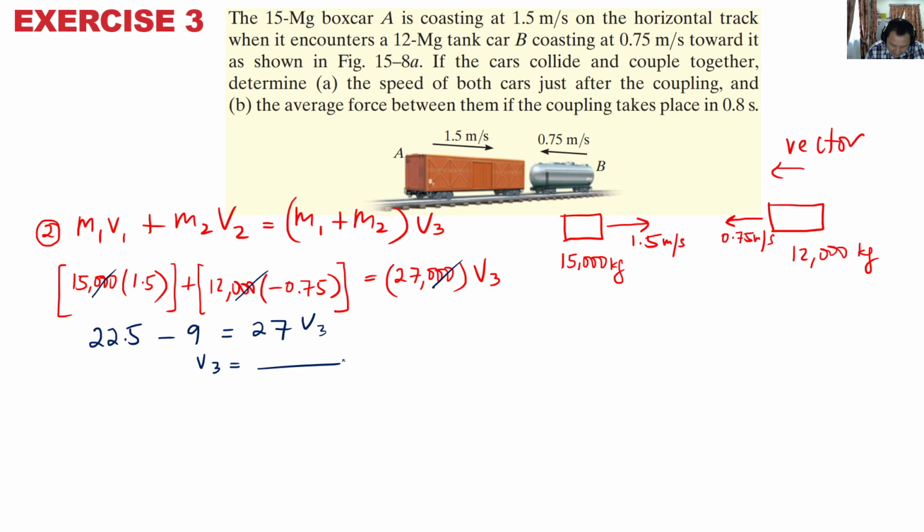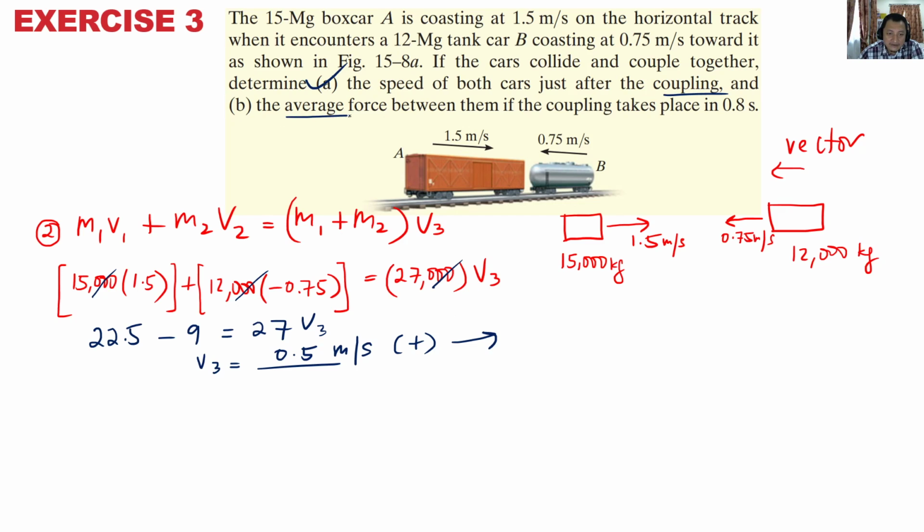V3 equals 13.5 divided by 27, which is 0.5 meter per second. If you notice, this is positive, so the car goes to the right. This is the combined speed of both cars after coupling.